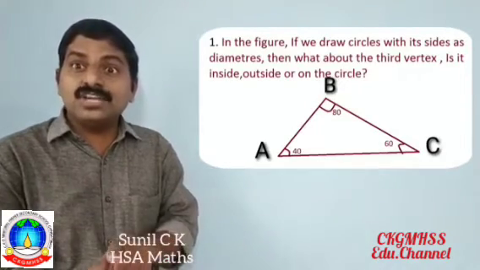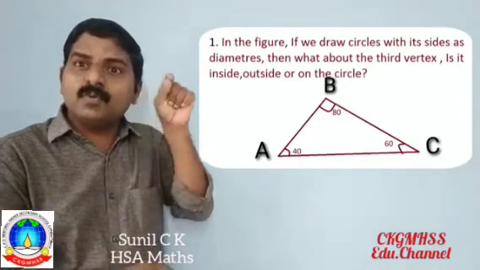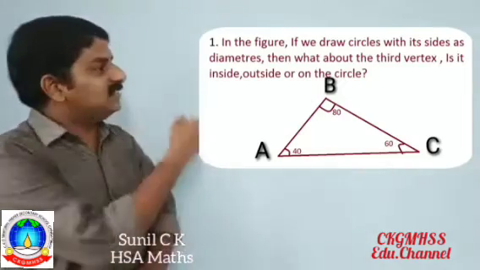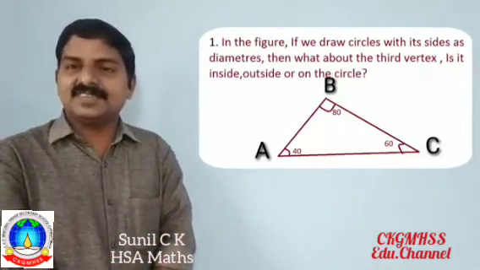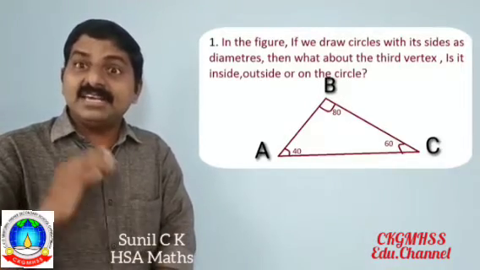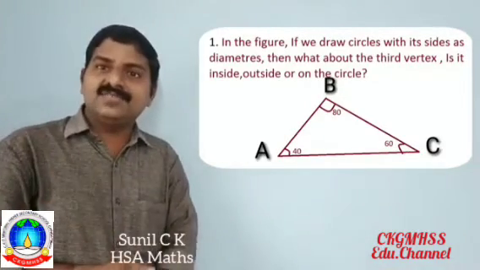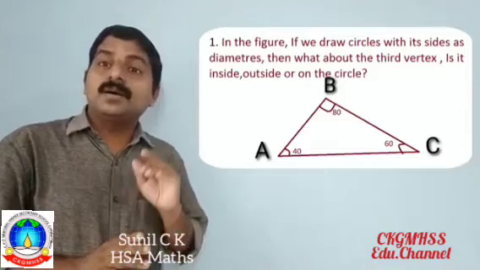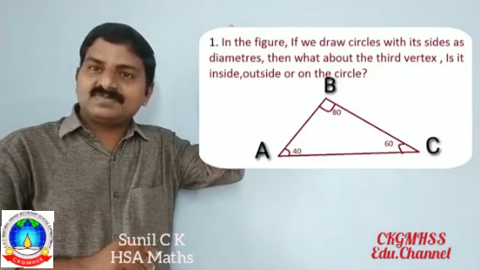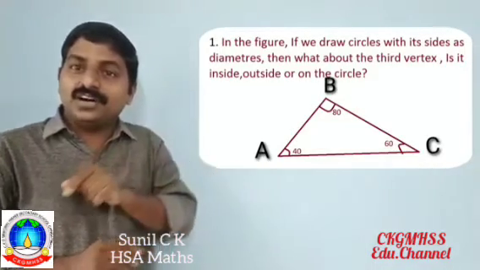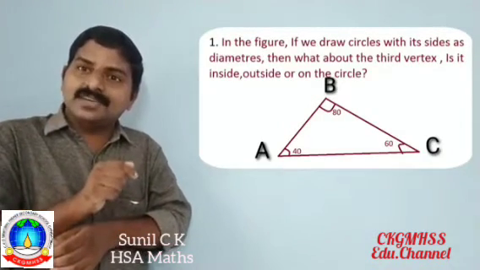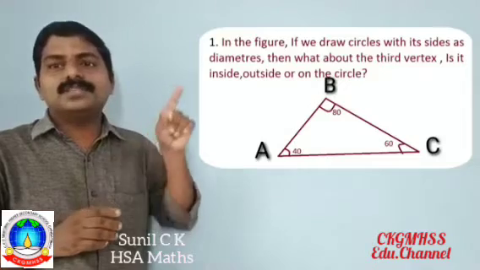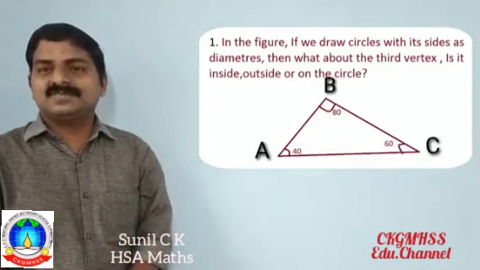It depends on the angle at the point B. Just to see, the angle measure is 80 degrees. 80 degrees is less than 90, therefore that point becomes outside. Okay, if you are drawing a circle with AC as diameter, then the point B is outside the circle.